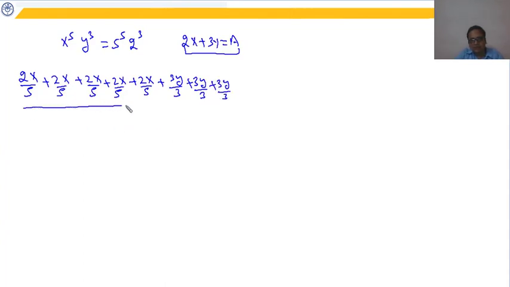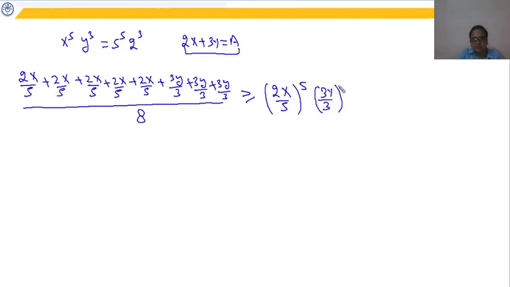And we say the arithmetic mean of these 8 numbers, this sum divided by 8, is greater than or equal to their product to the power 1 by 8. 2x upon 5 is 5 times, 3y upon 3 is 3 times, to the whole power 1 by 8.